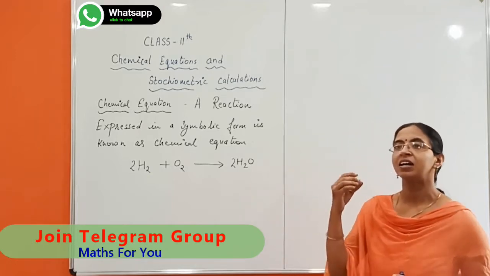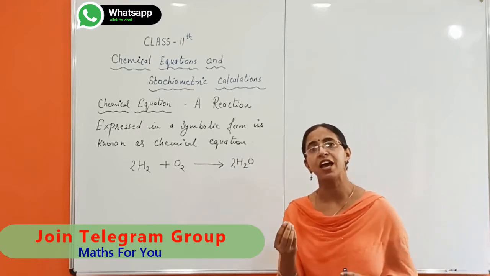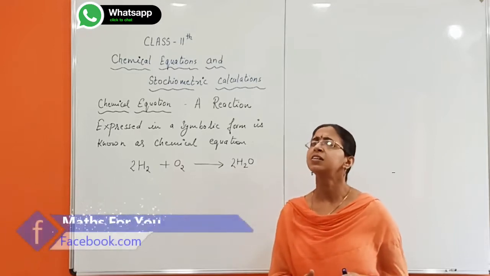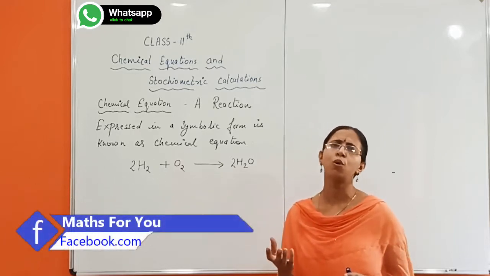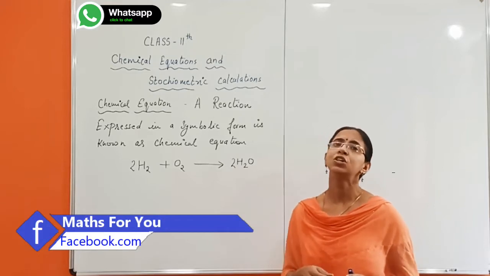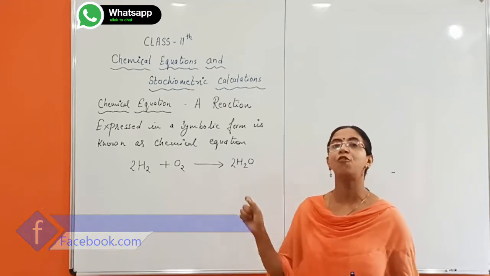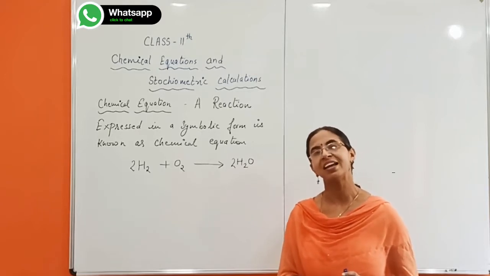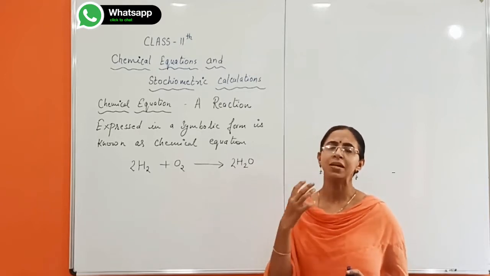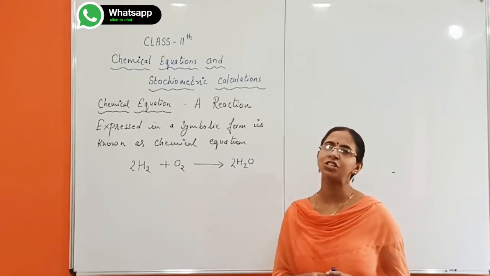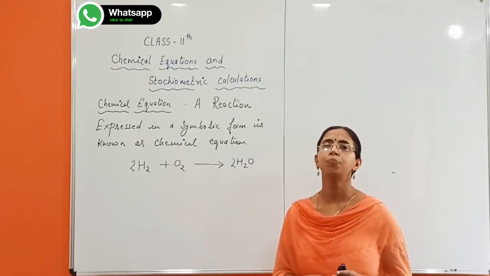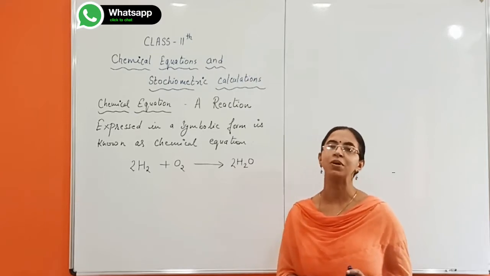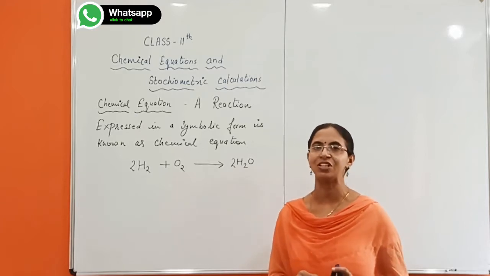Means if you are calculating the amount of reactant, amount of product, its volume or its number of atoms, whatever you want to calculate with the help of a chemical equation is known as the stoichiometric calculation. So basically for stoichiometric calculation we will do a few numerical problems. So let us start with the numerical problem based on the stoichiometric calculations.